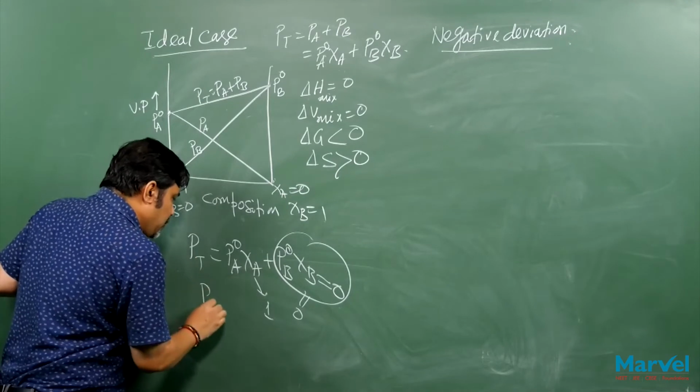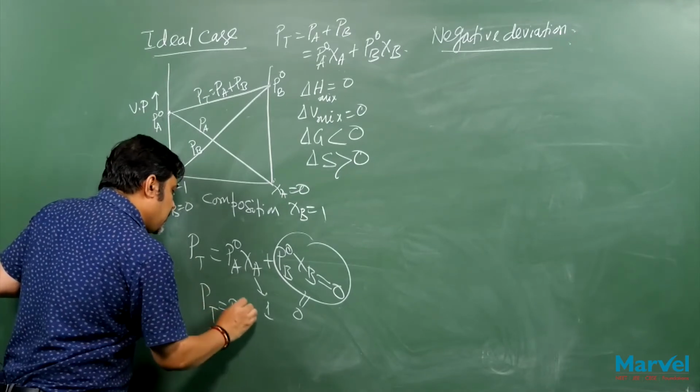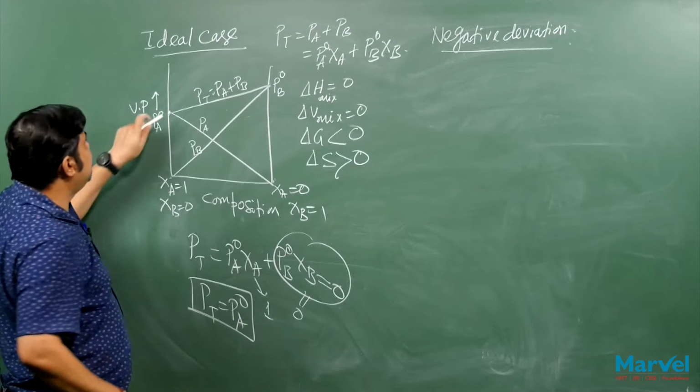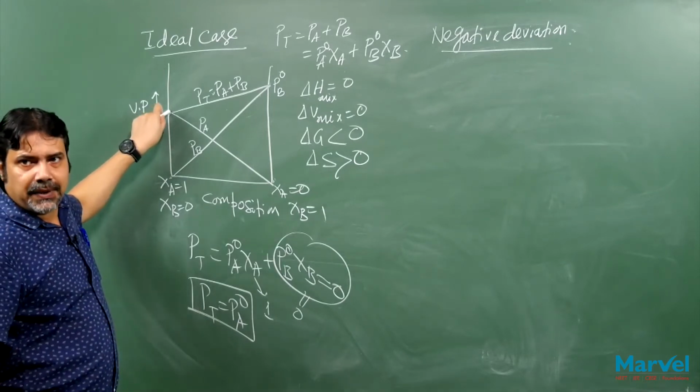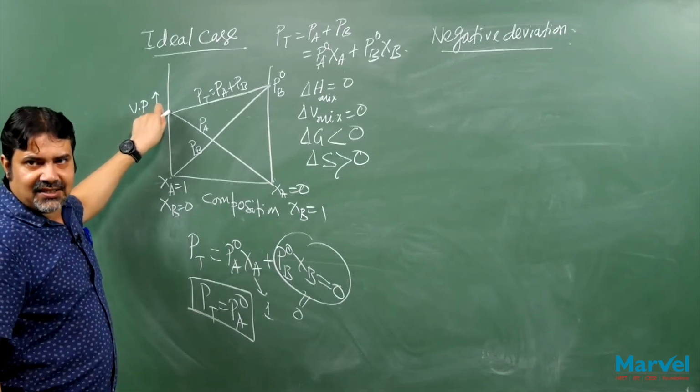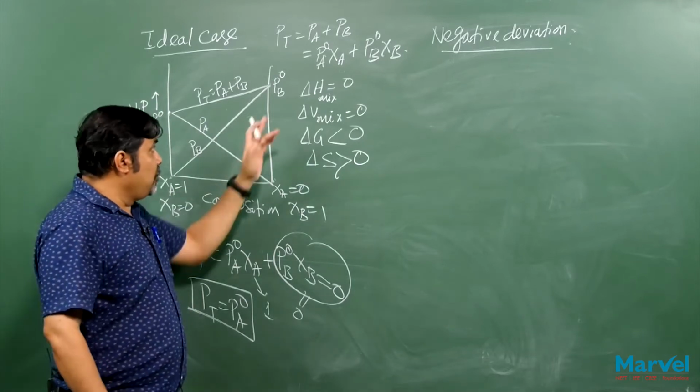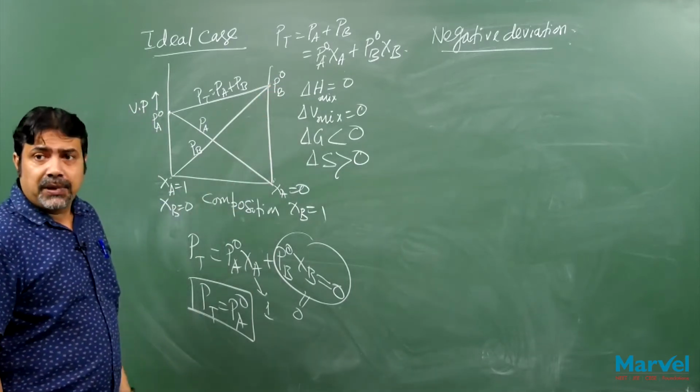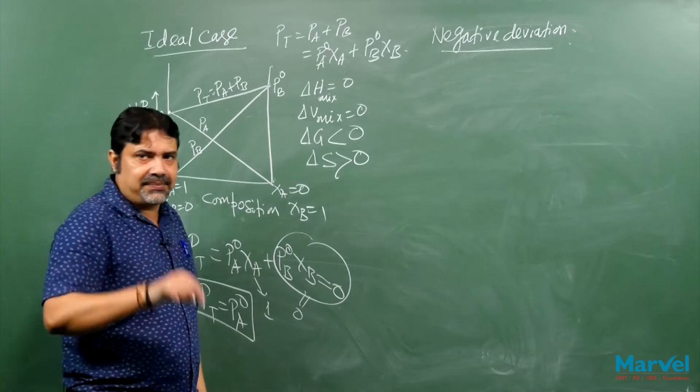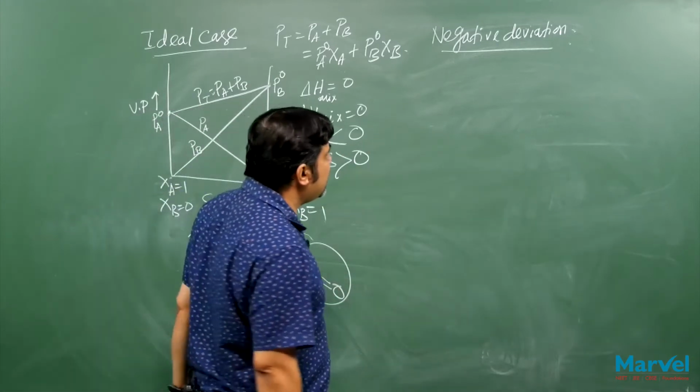So PT will be equal to PA naught. That is why this point is PA naught. Got the point, my dear? Simple logic. In the same way, this point is PB naught. Understand clearly?